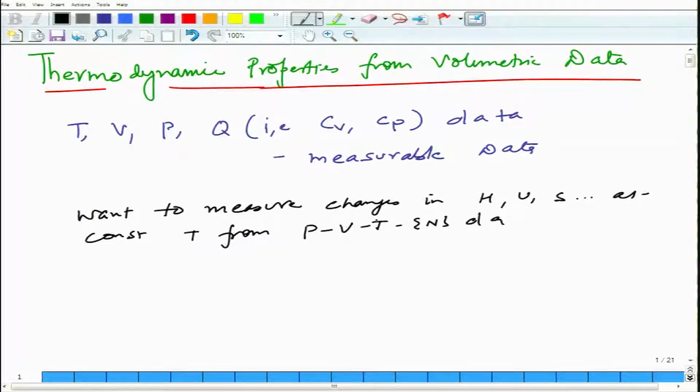These are the data which we may have, and our interest is to find out the changes in these properties.